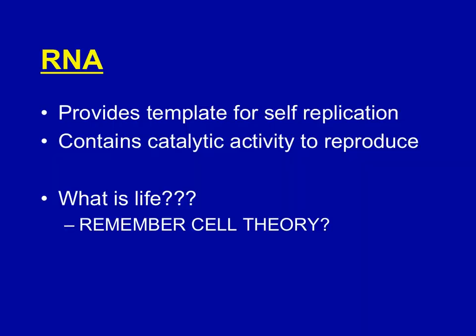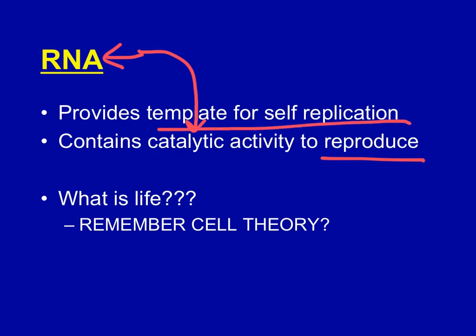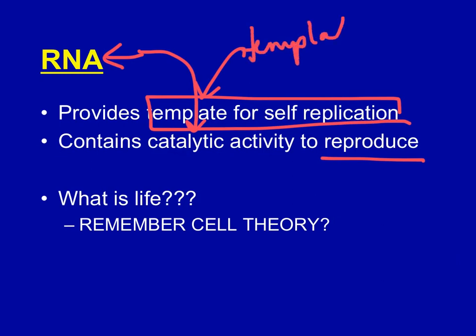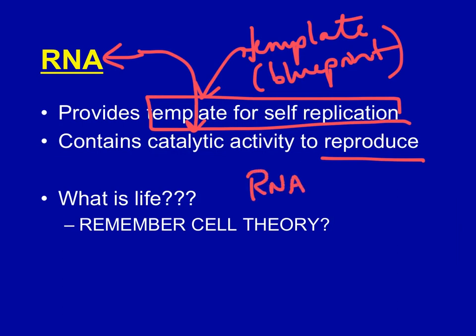That was the original experiment that suggests that RNA does contain catalytic activity to reproduce, and we know that it has information, a template, a blueprint, in order to make a new strand. And so this is the real data that suggests that we live in an RNA world, that RNA was the first living organism.